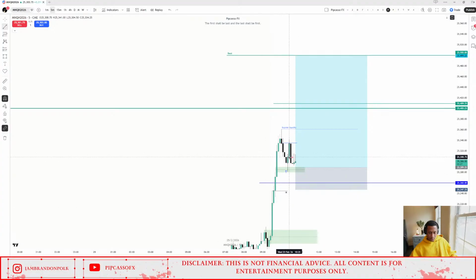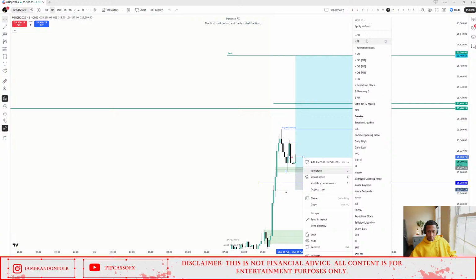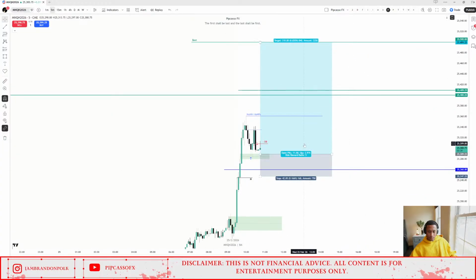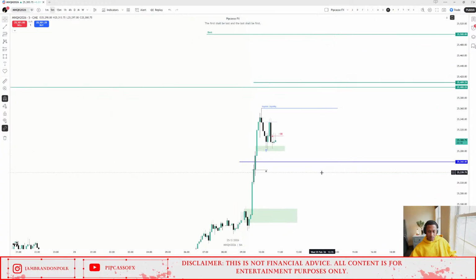Again, we're struggling with bearish arrays right now. And now we're struggling with bearish arrays, so that's not showing me bullishness right now.